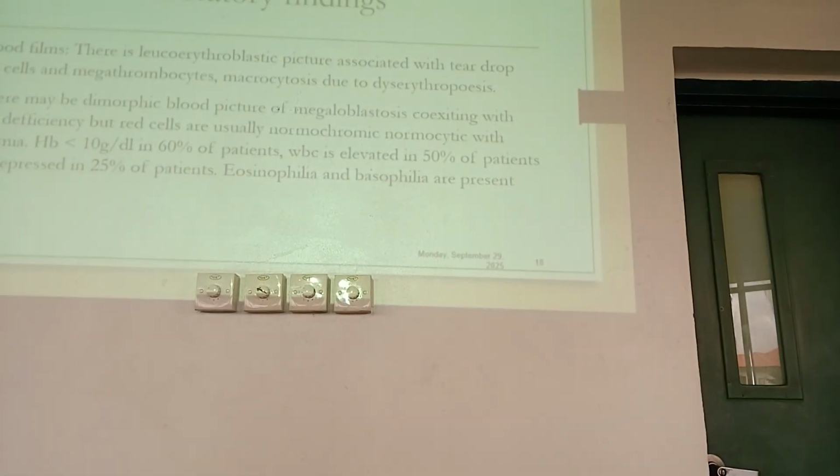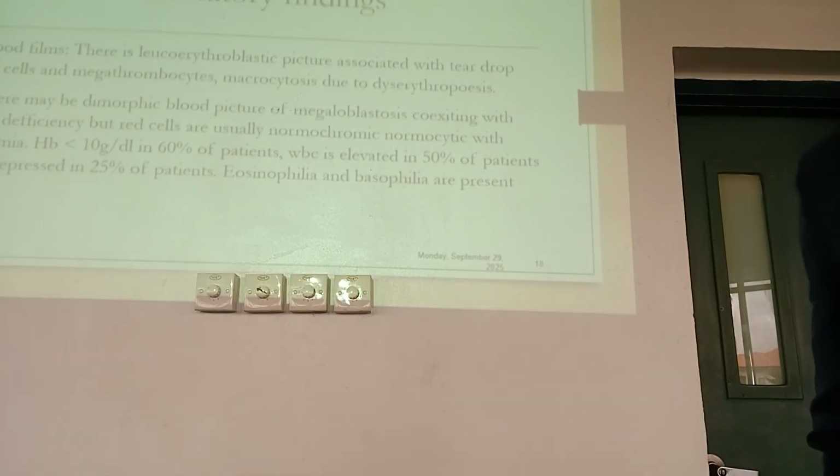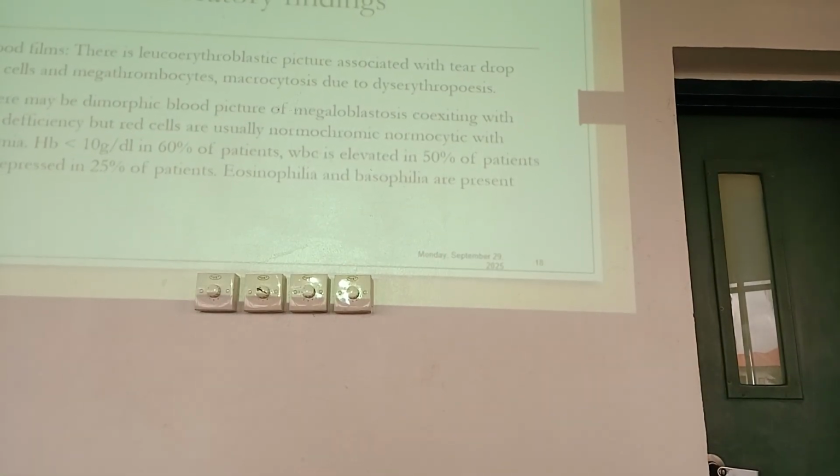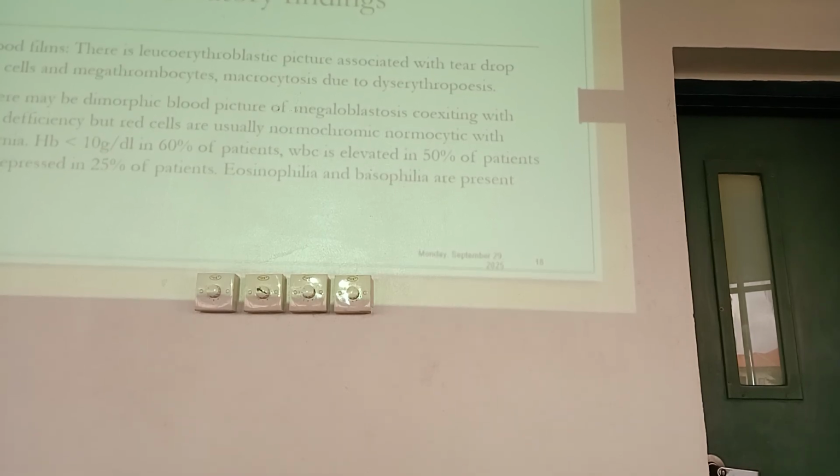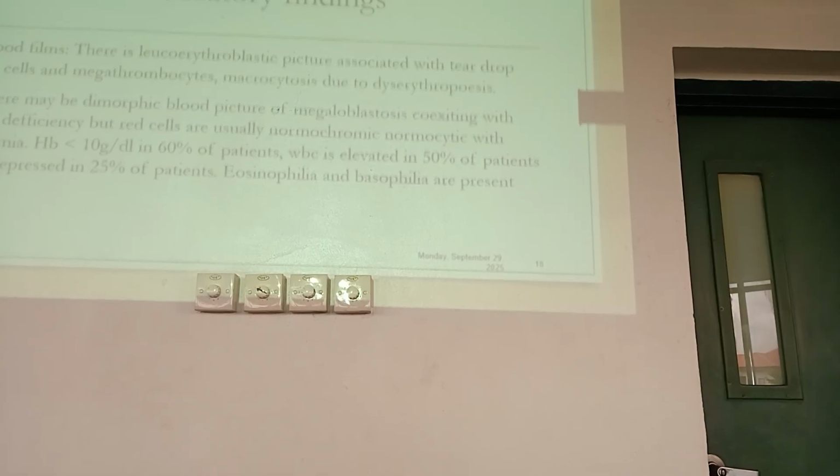So these are the laboratory features. Because the secondary hematopoiesis is taking place in the spleen, there is what is called a leukoerythroblastic picture. You see immature white cells and immature red cells in the peripheral field because they are not properly produced.